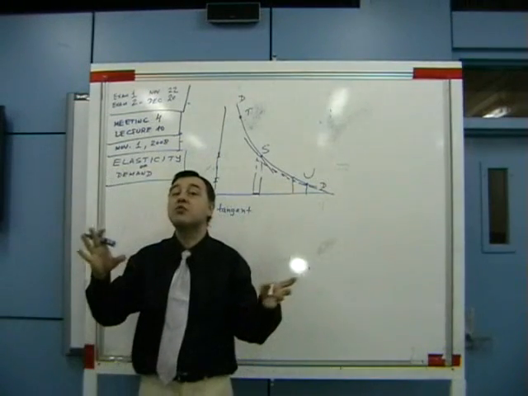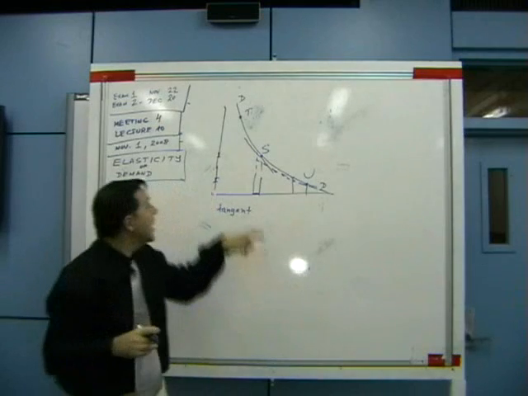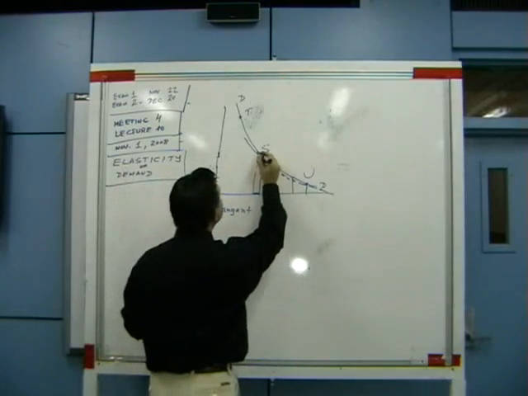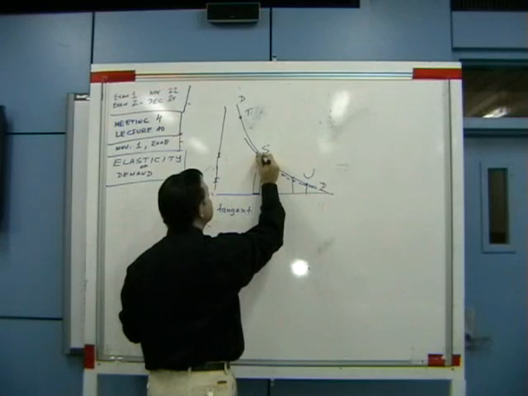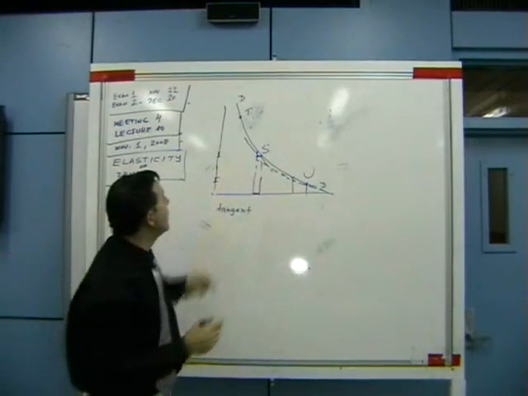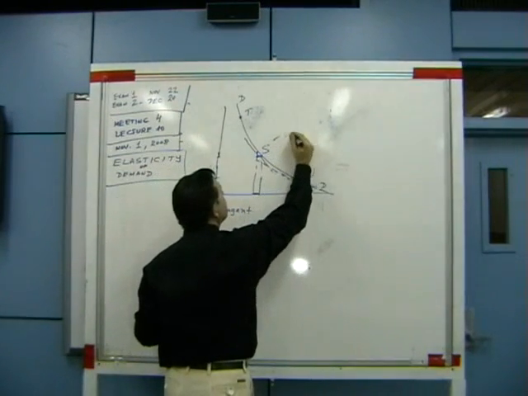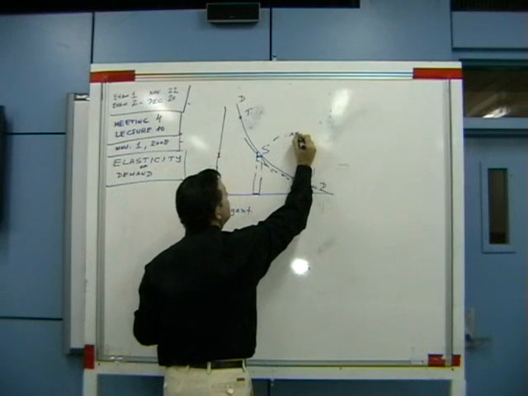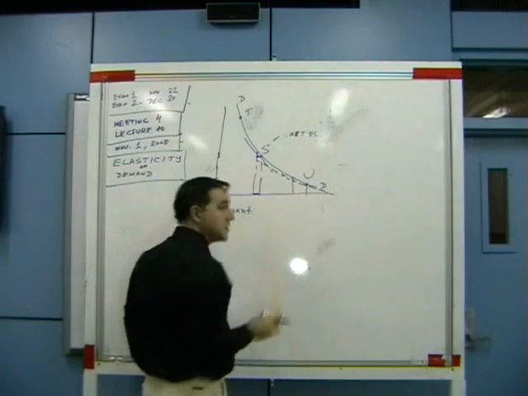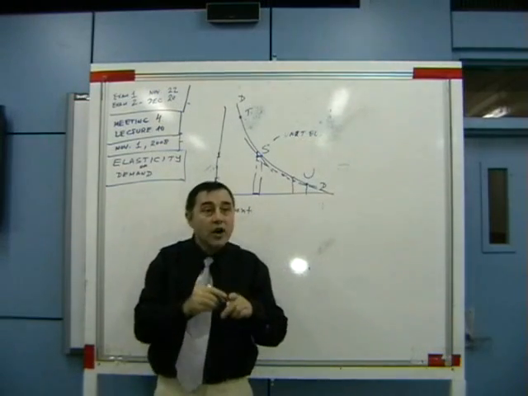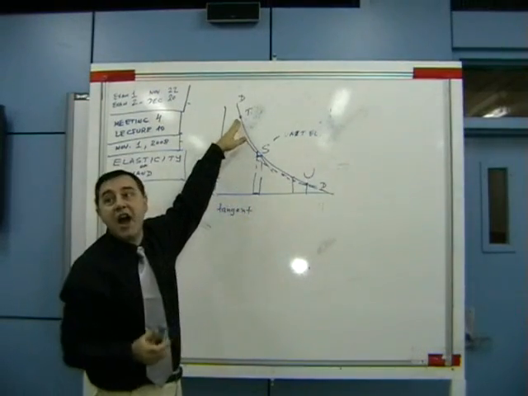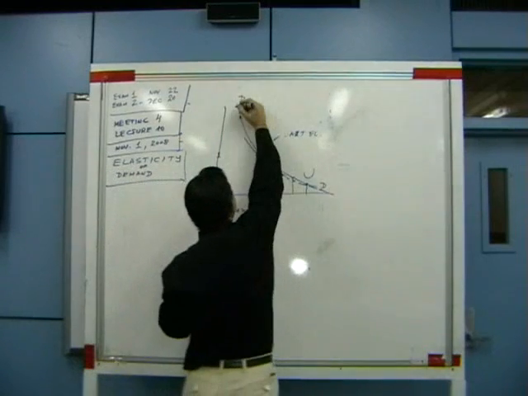Of course, this is just a rough picture. And on the rough picture, what you get here is that this triangle here will represent unit elasticity.